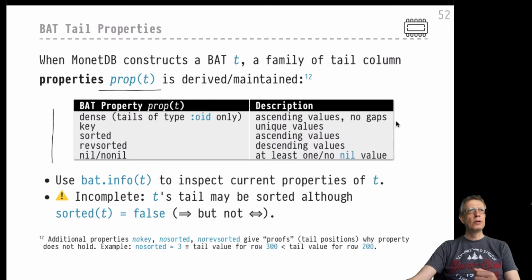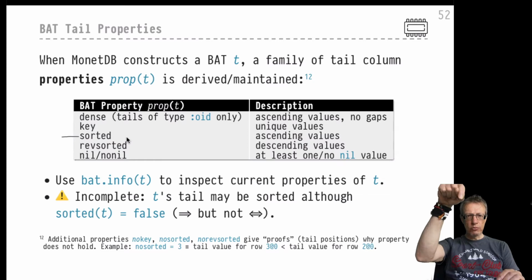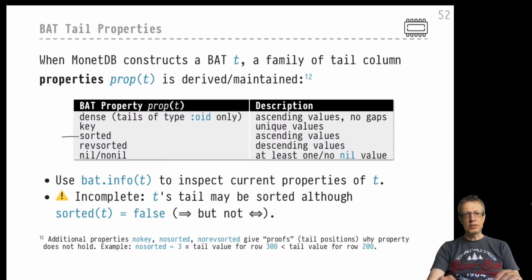All right. There's other properties that look less exotic, like the key property. So all tail values are unique in the tail column, no duplicates. So that column could indeed be a key. So unique values in the tail column. The sorted property, well, all the values in the tail column, if I travel the tail column from top to bottom, I will see ascending values.